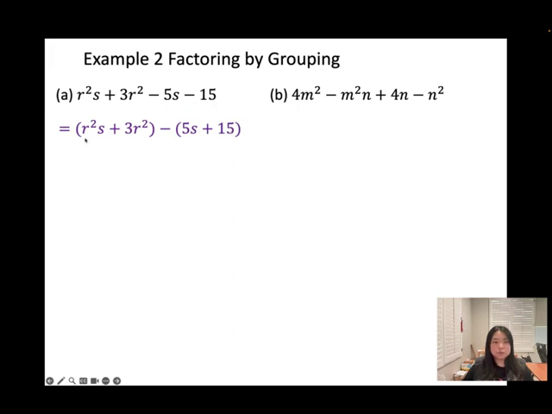Now, factor the first 2 terms. The common factor will be r squared, right? And then for the last 2, the common factor will be 5. And then you're going to see we do have a common factor, s plus 3. So factor it out. And that's it, okay?